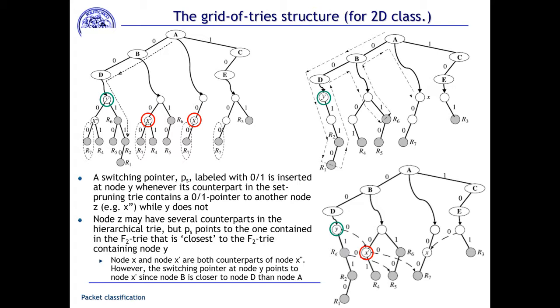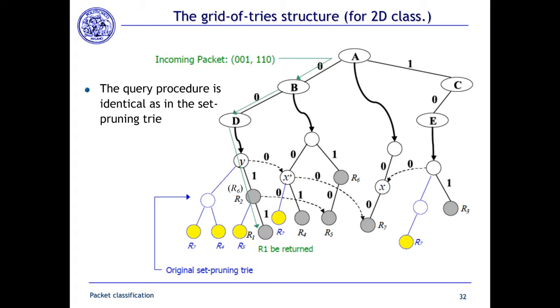So basically, this is all you need to know to build the grid of tries. And when we are performing the classification, we have exactly the same advantage as in the previous case of the set pruning: we don't need backtracking. In this first example, we find the result staying in the same trie, but assume that the second field starts with 0.